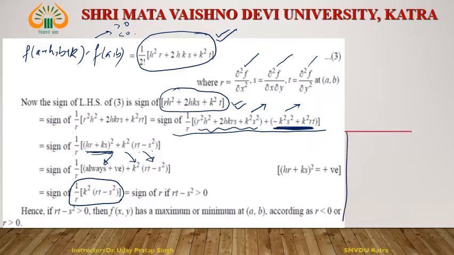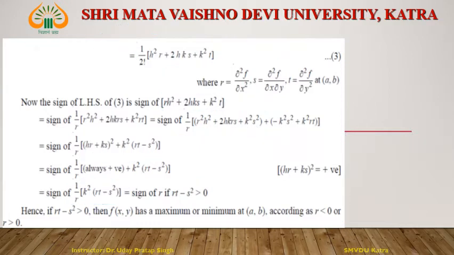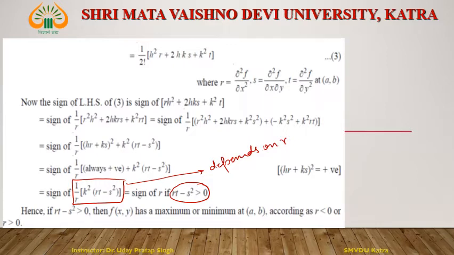So we assume that rt minus s square is greater than 0, right? If rt minus s square is greater than 0, then the sign of this depends on the sign of r.